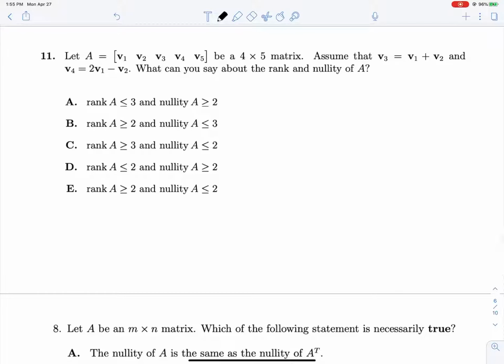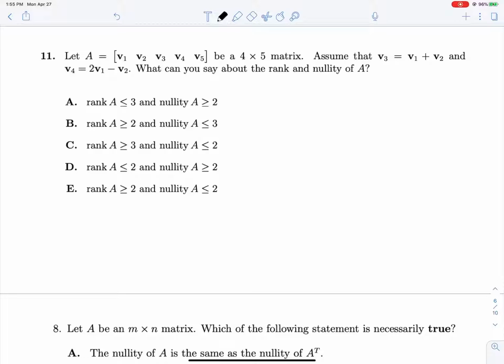What about 11? We have some matrix A with 5 columns made out of 4 by 1 vectors. Assume that V3 is a linear combination of V1 and V2, and that V4 is a linear combination of V1 and V2. What can we say about the rank and nullity of A?